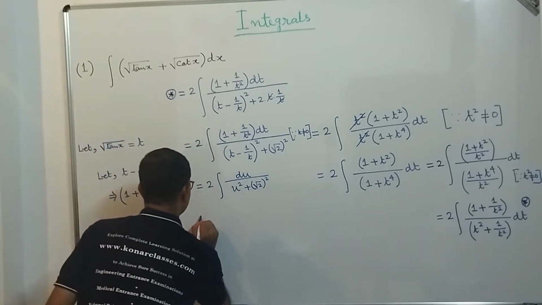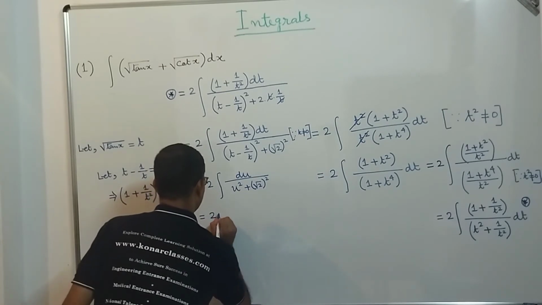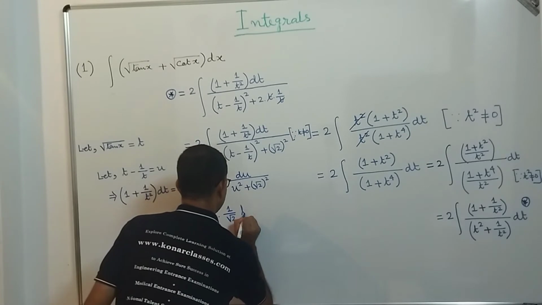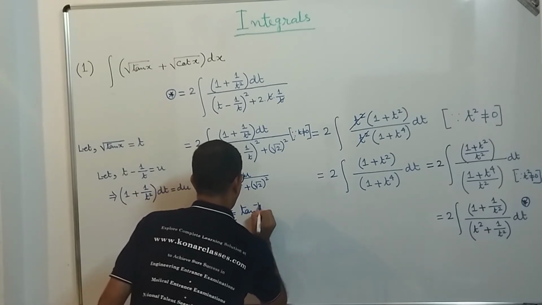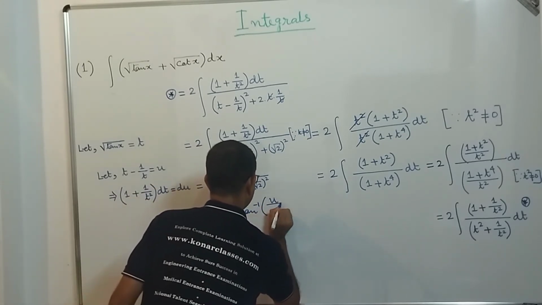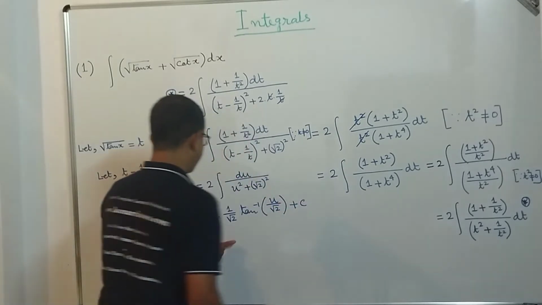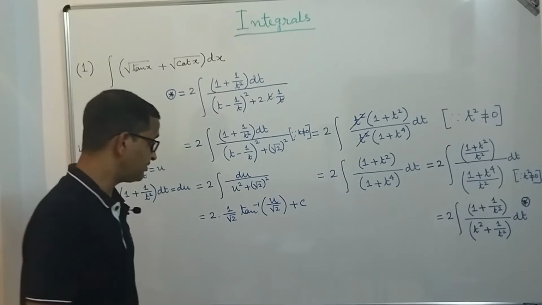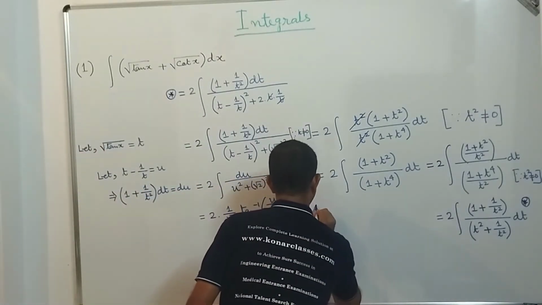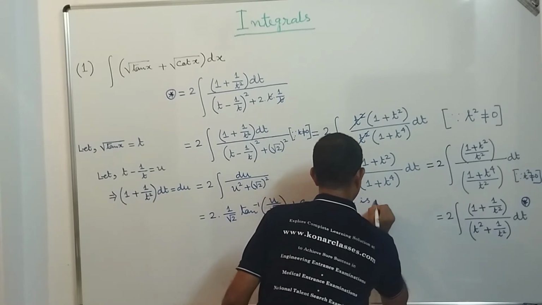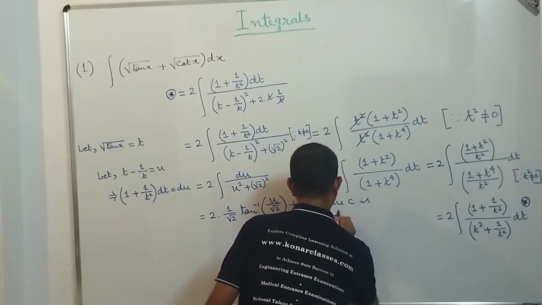So this is equal to 2 into 1 by root 2 into tan inverse of u by root 2 plus c, where c is the integrating constant.